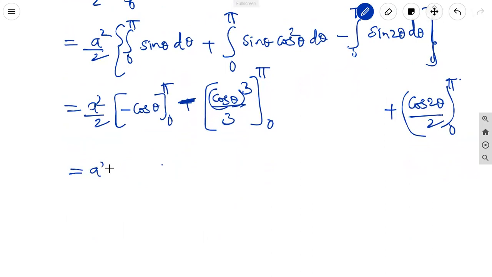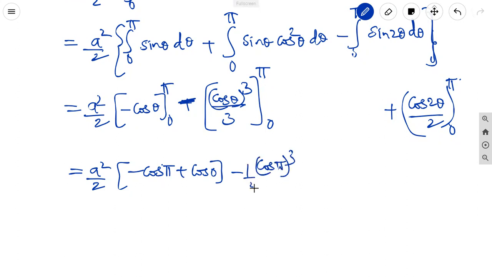It is equal to a square by 2, minus cos pi minus into minus plus cos 0, minus cos pi whole cube, 1 by 3 outside, minus cos 0 whole cube, plus 1 by 2 cos 2 pi minus cos 0.